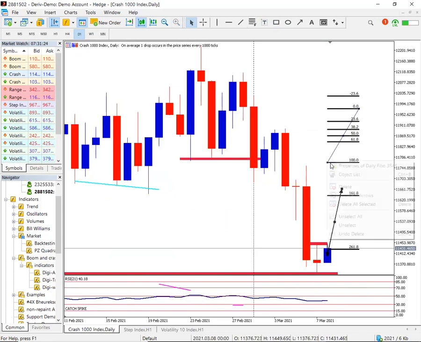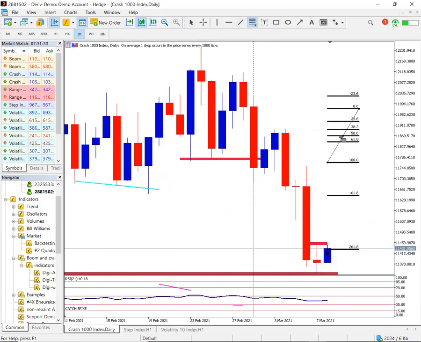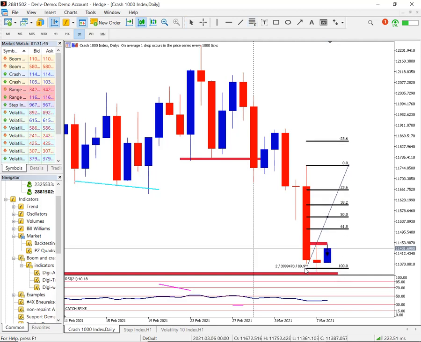No, let me do it from the other side. So from here, 50% retracement. You can see the 50% retracement of this candle before we see any change, before we see any sell.